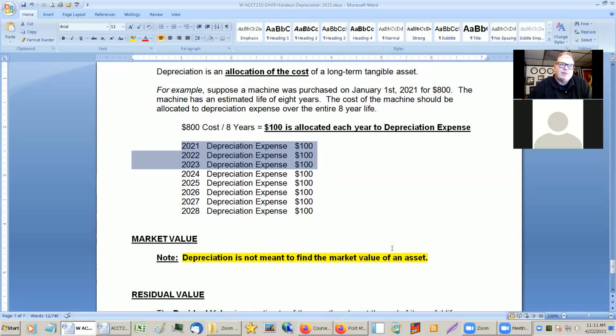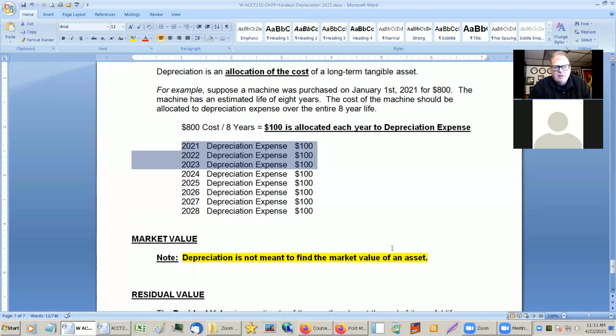That's not necessarily the market value for the machine. The market value of the machine might be higher than that or might be lower than that. It could also be that, but it would be just a coincidence. So we're really not trying to find the market value. We're simply taking the cost and splitting it up.